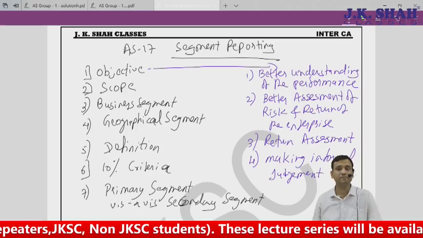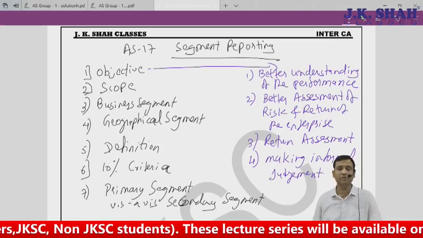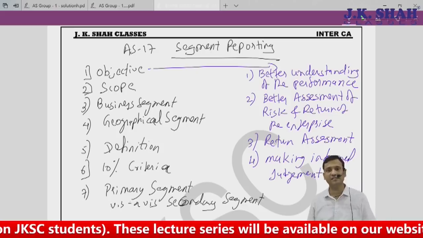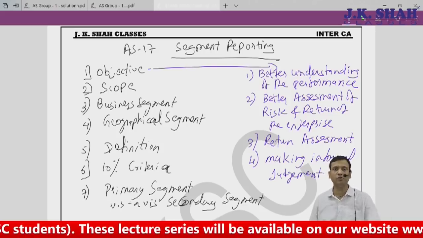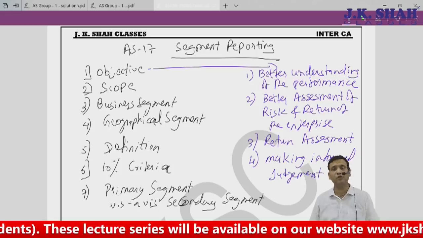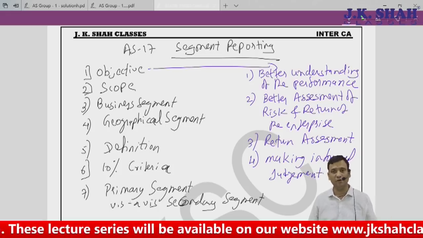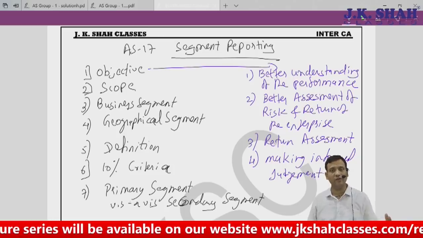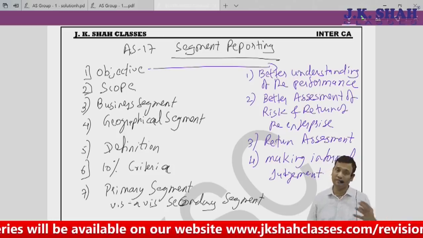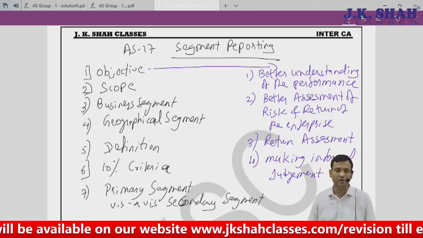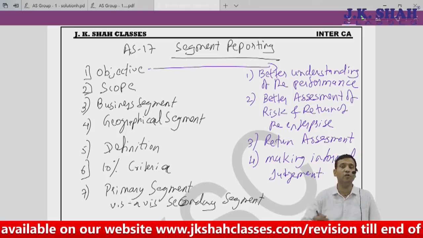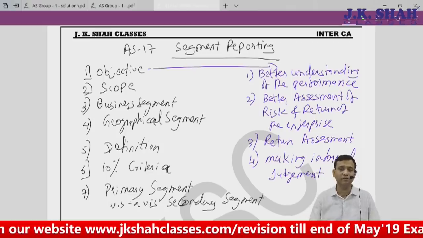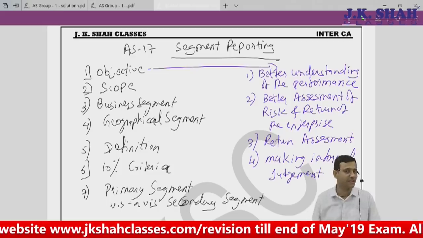Like at JK Shah classes, I have CS as well as CA. So we can have two segments, a CS segment and a CA segment. Of course, we are not going into those nitty-gritties, but within that also I can say it's inter, foundation, final. So these are all areas from where I am getting my revenue as well as where my cost is getting incurred. So I can get a better informed decision, not only restricted to the business I'm doing, but also going beyond to geographical segments.